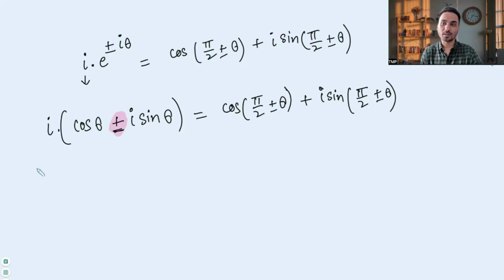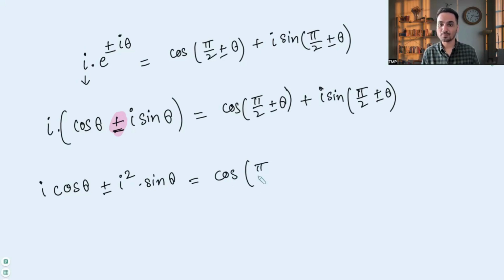And on the left hand side, we can multiply by iota inside the bracket. So we'll get iota cos theta plus minus iota square sine theta equals, the right hand side remains the same. So cos (pi over 2 plus minus theta) plus iota sine (pi over 2 plus minus theta).